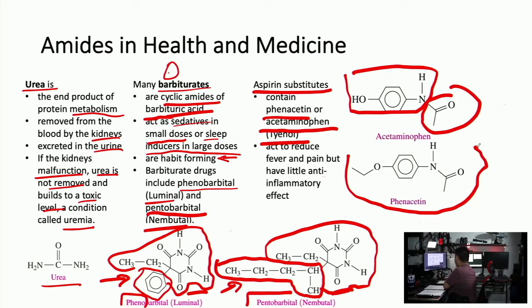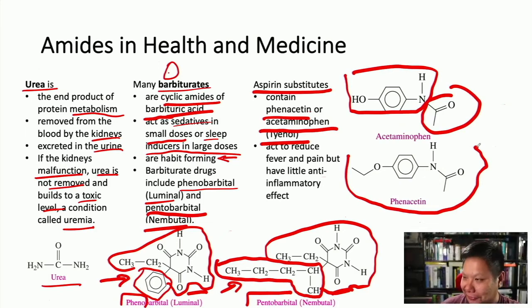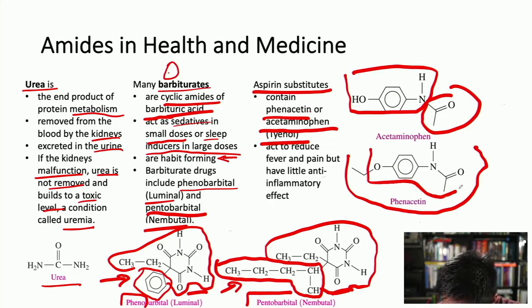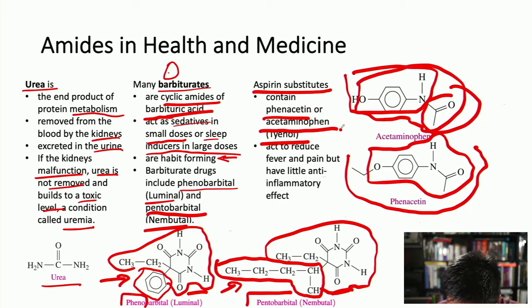So, of these aspirin substitutes, what do you think is the main structure that's the most important here? And what's the substituent structure that gets changed by the organic chemist or the drug developer, to see if it can get a better effect? The important part could be from here to here, and then the only thing changing is the R group connected to the oxygen, which is also known as an ester.